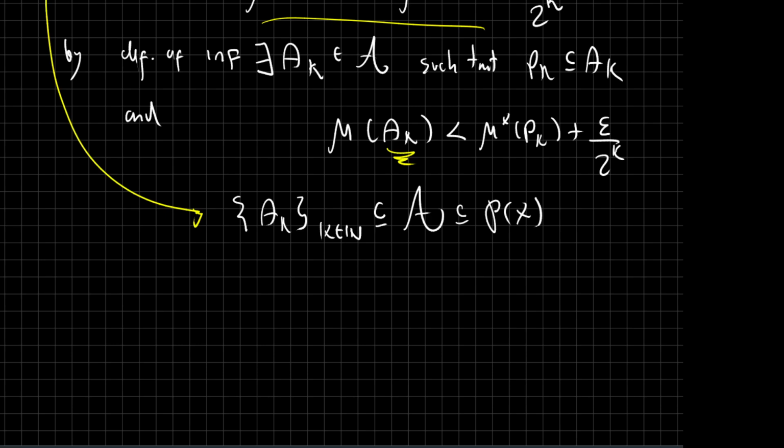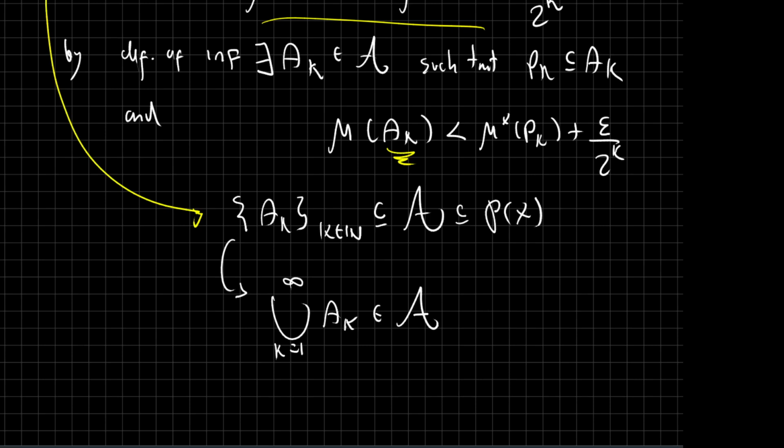Since sigma algebras are closed under countable unions, it follows that the countable union of every A_k will be inside the sigma algebra.